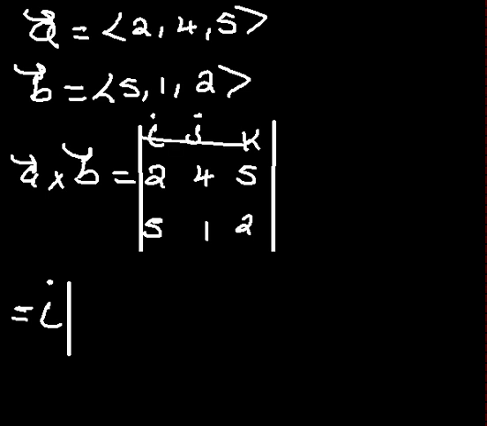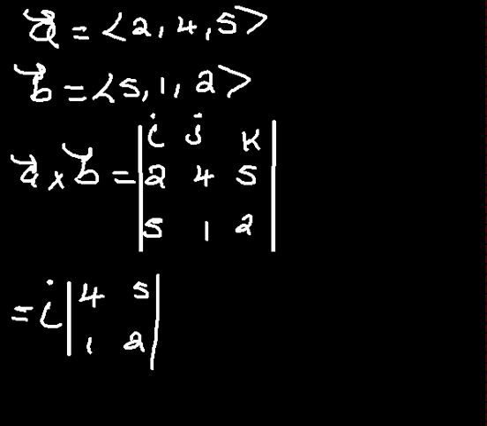The first row, the first column, means the component that has been eliminated, which is the i component, so the values that remain are for i. So we'll have it as 4, 1, 5, 2.